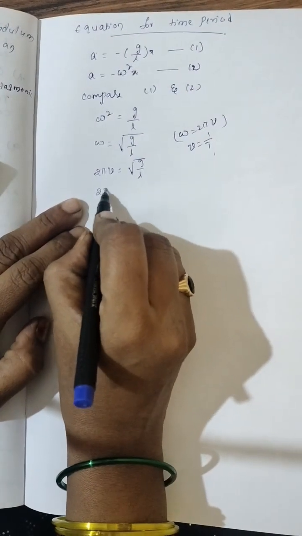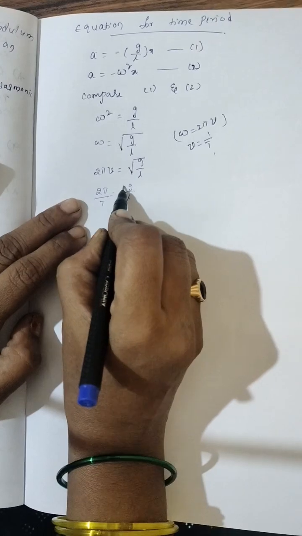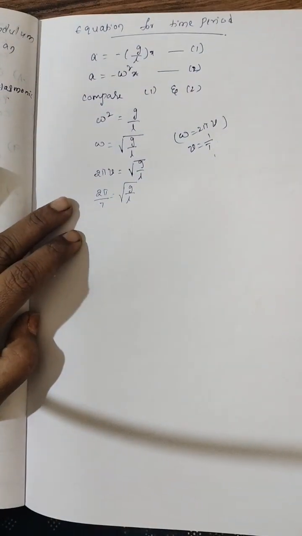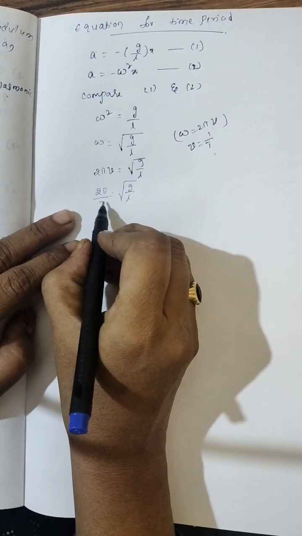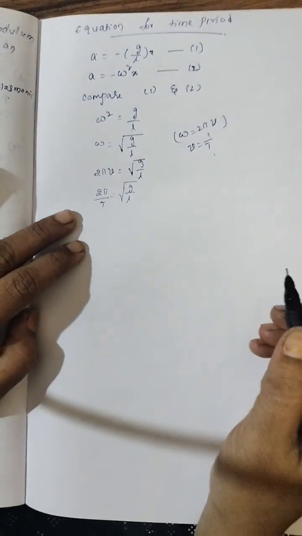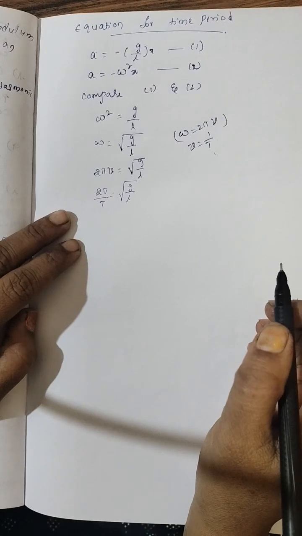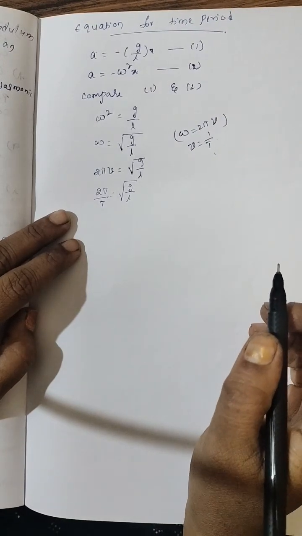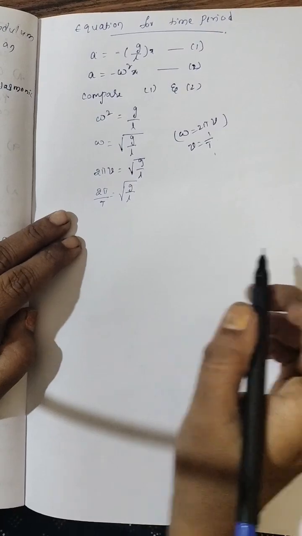So substitute, in place of nu, 1 by T, under root g by L. g is the acceleration due to gravity, L is the length of the simple pendulum, T is the time period. Time period definition: the time taken to complete one complete oscillation, that is, the time taken by the particle or simple pendulum to complete one complete oscillation.